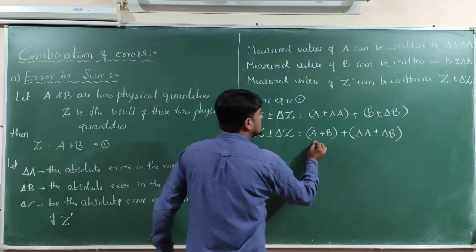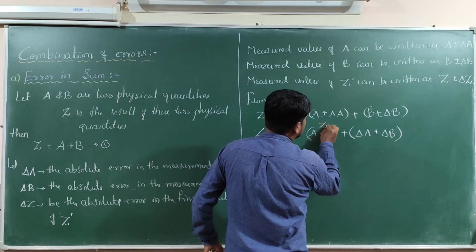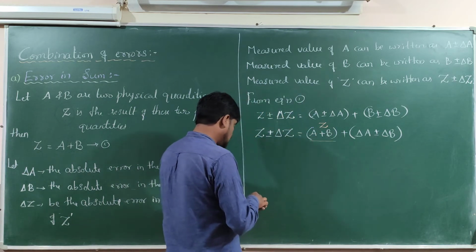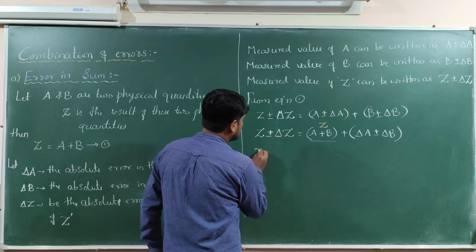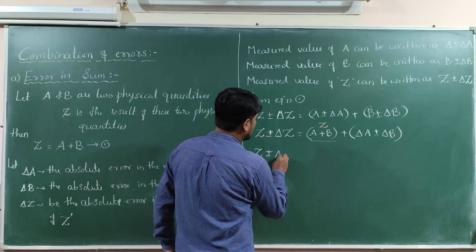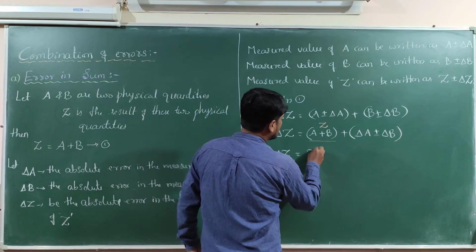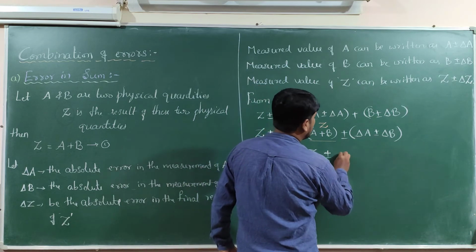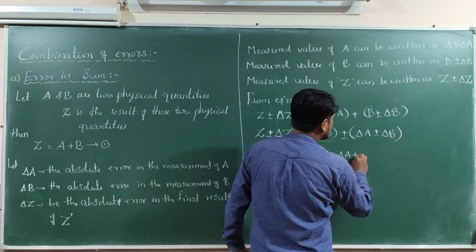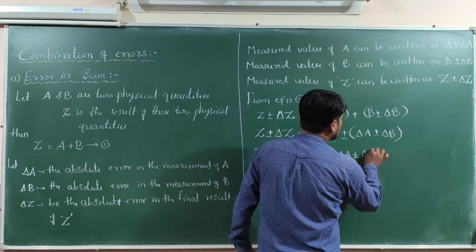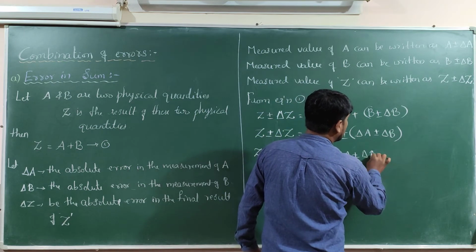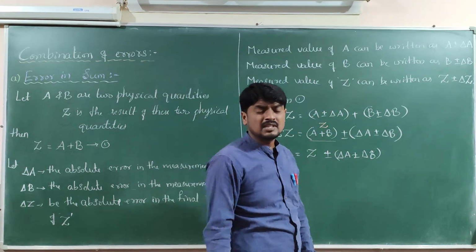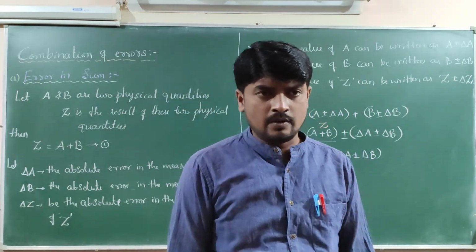Z. So this can be written as Z. If I rewrite that, it becomes Z plus or minus delta Z is equal to Z plus or minus delta A plus or minus delta B.